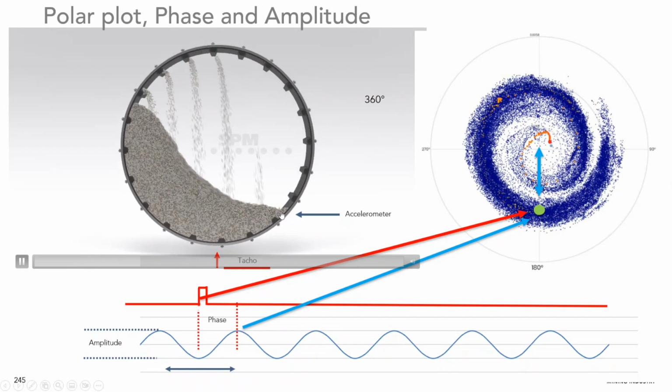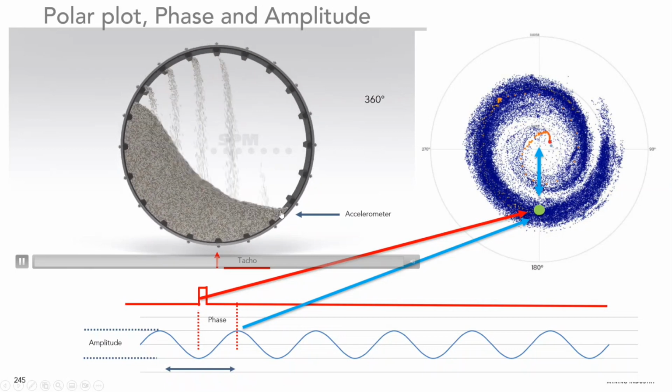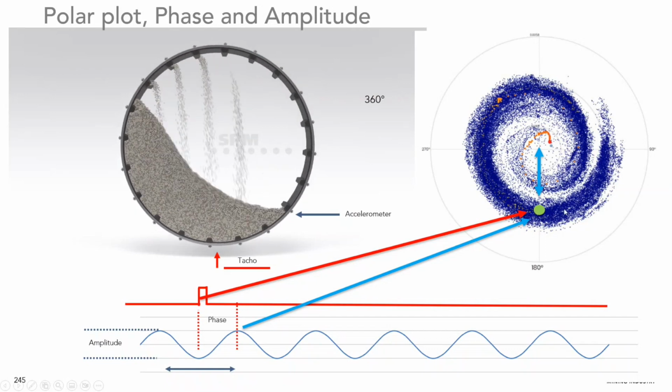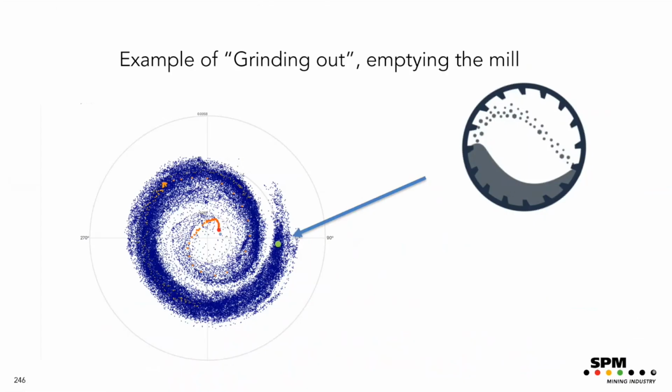So if the charge or the toe position changes, this point will also move, up and down. I will show you some examples. Here is one way of explaining how the position in this polar plot, these results, move in this kind of swirl when the mill has a very high toe position.